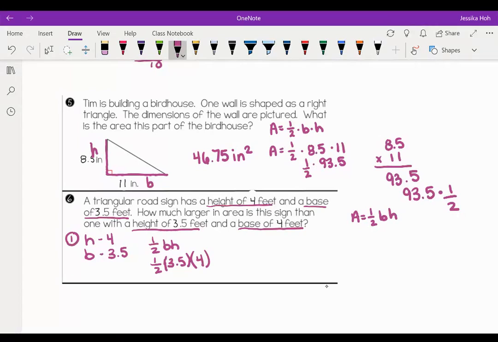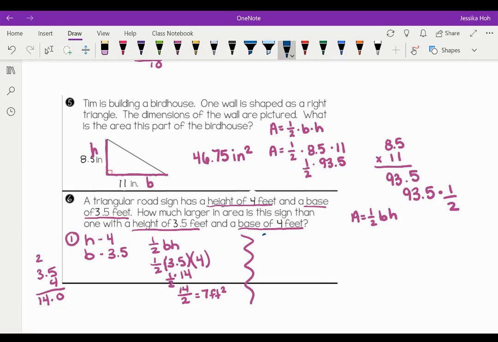So first thing I'm going to do is 3.5 times 4. So over here, 3.5 times 4 is 14. And then I need to multiply that by 1/2. 14 over 2 gives me 7. 7 feet squared. Okay, that's for sign number 1.